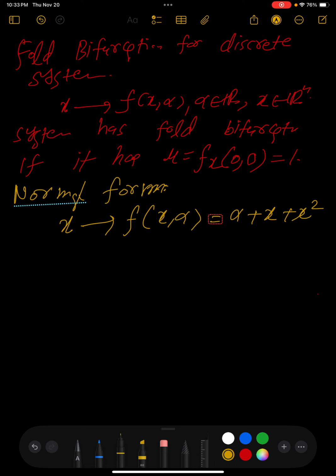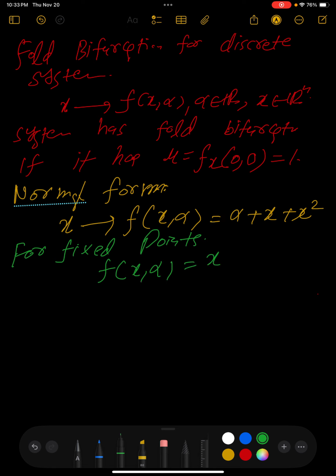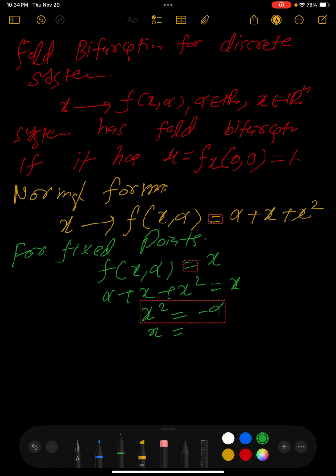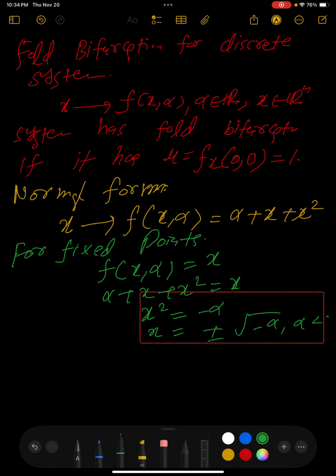Okay, so now for fixed points, since it is a map, by the definition of fixed point we say f of x, alpha is actually x. So alpha plus x square is x, and this means that x square is minus alpha and x is plus minus square root of minus alpha, for alpha less than 0.